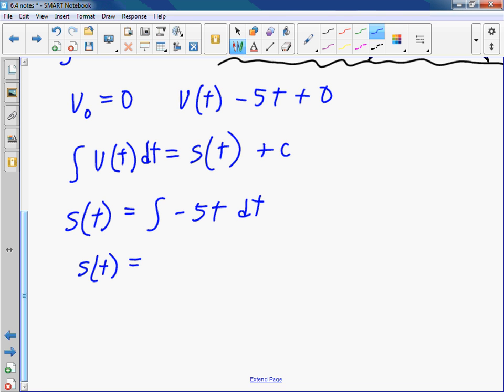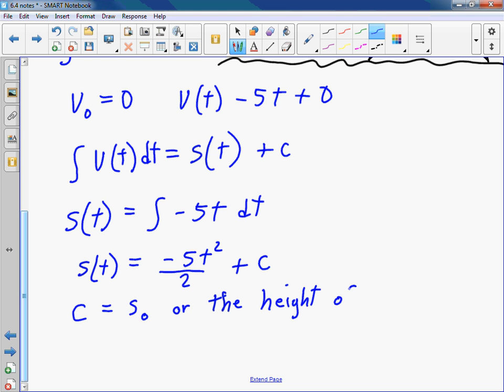So that would equal negative 5t squared divided by 2 plus c. And so in this case, c equals initial height, position at time 0, or the height of the tower.